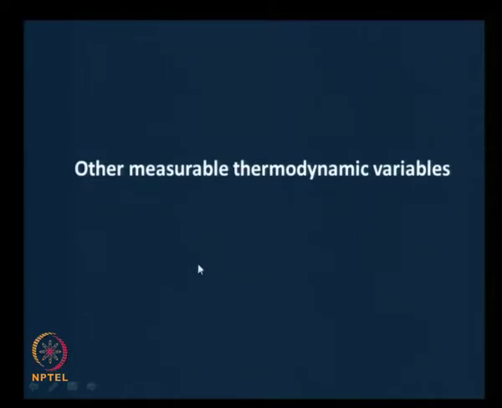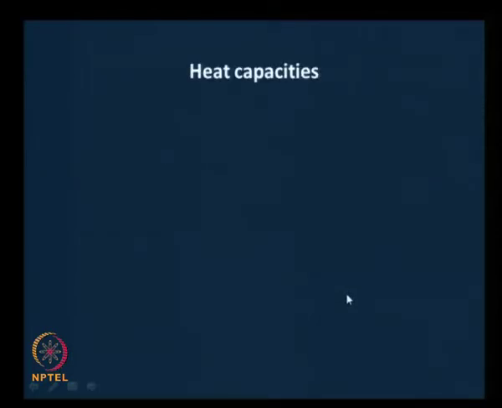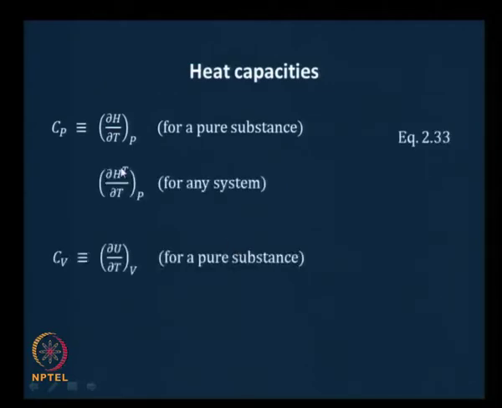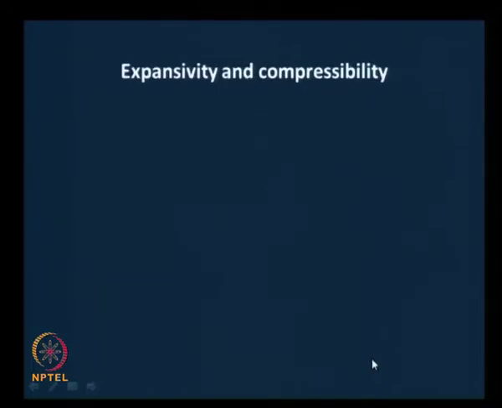Apart from these, other useful measurable thermodynamic variables are heat capacities. This you already know. Cp is (dH/dT) at constant P, or (dHt/dT) at constant P for any system. This is for a pure substance molar value, and similarly Cv is (dU/dT) at constant V for a pure substance, or (dUt/dT) at constant V for any system.